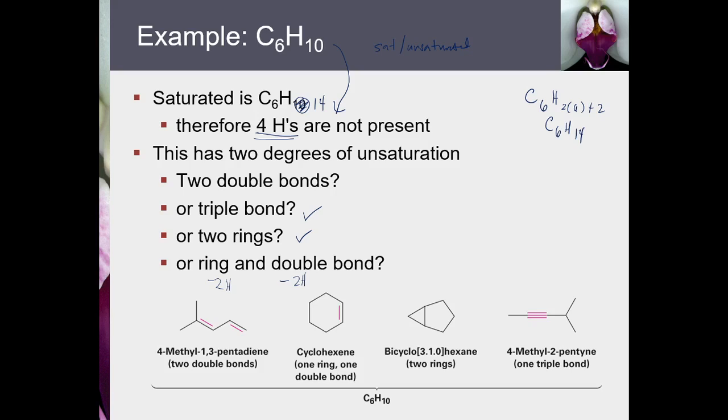Ito naman, it's bicyclohexane. So, kung mapapansin nyo dito, you have here 1, 2, 3, 4, 5. So, 5 here, and then ito, mukha siyang 3. Pero kasi, kung mapapansin nyo, dito sa side na to, actually, isa lang yung carbon. Kasi ito ay sinishare nila. So, that's why you have here a bicyclo.